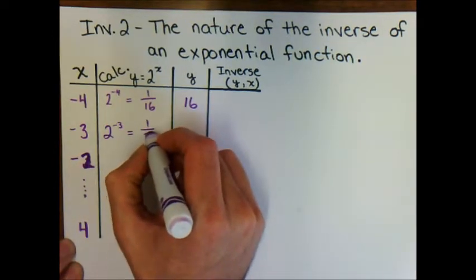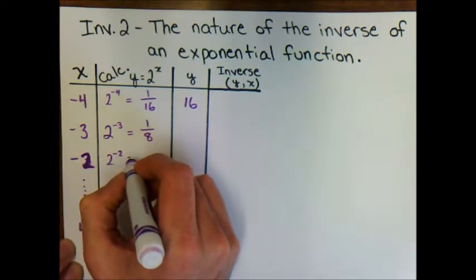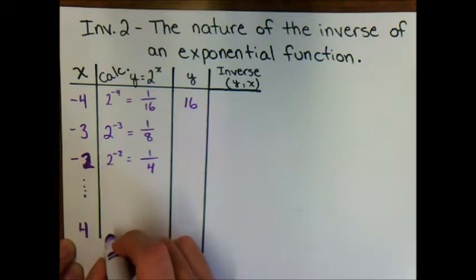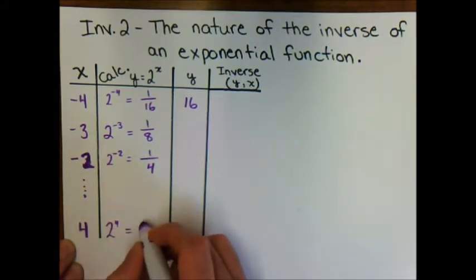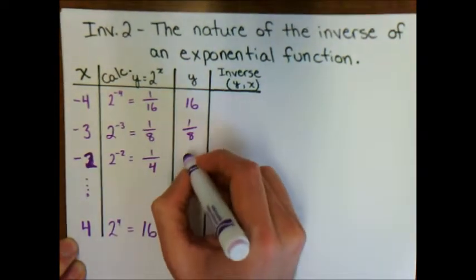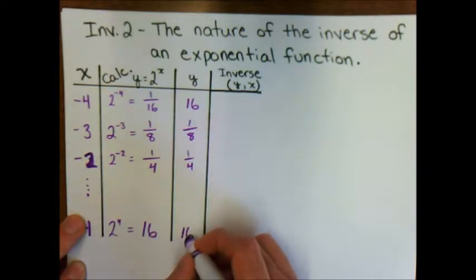Well, we're at 1/8. x equals negative 2, 1 over 4. And you're going to continue that chart all the way down until you get to y equals 2 to the power of 4, which is of course 16. You can put all your y values in the column for y value.